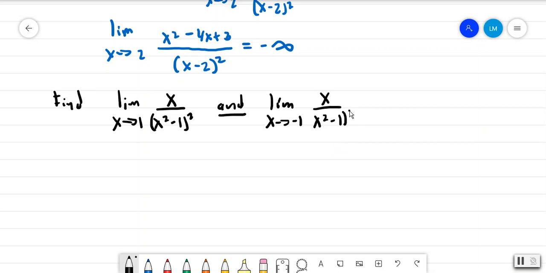Now you'll notice that you have two things going on. You have that there's an asymptote at 1 and negative 1, but you also have that the denominator is positive, which basically means that this is actually easy because we can just look at the graph of the equation.